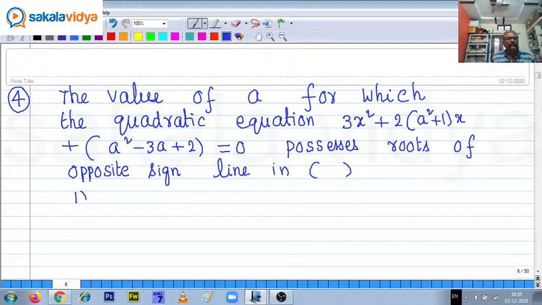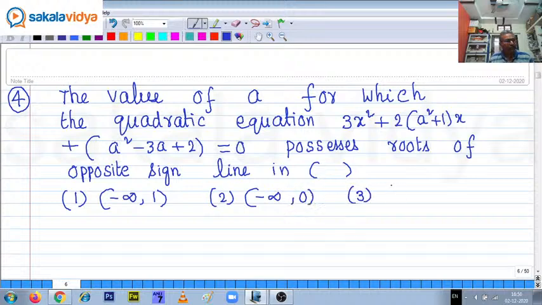First option: negative infinity comma 1. Second option: negative infinity comma 0. Third option: 1 comma 2. Fourth option: 3 upon 2 comma 2.